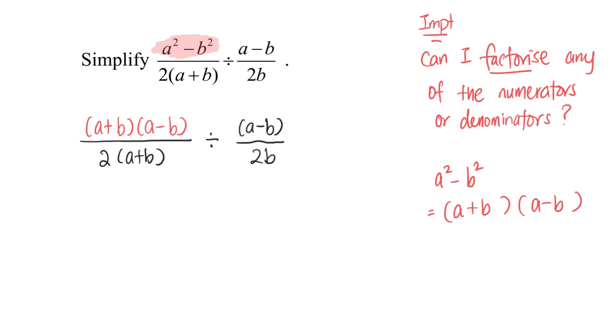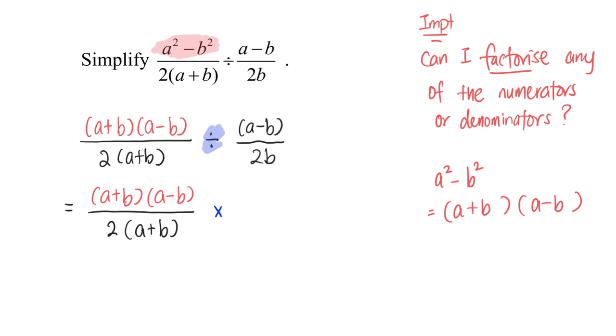The next thing though would be, now that I have this, I saw that we are actually dividing by a fraction. And so, applying what we have already, remember, the divide will become a times.